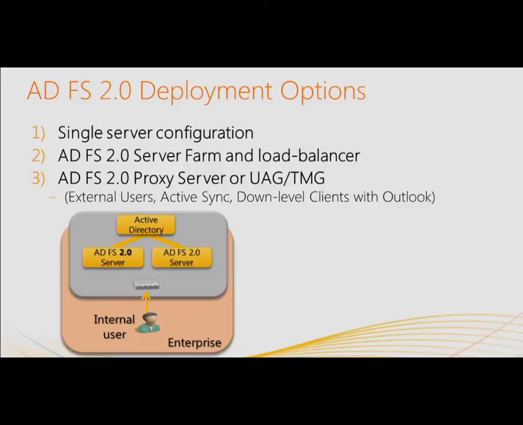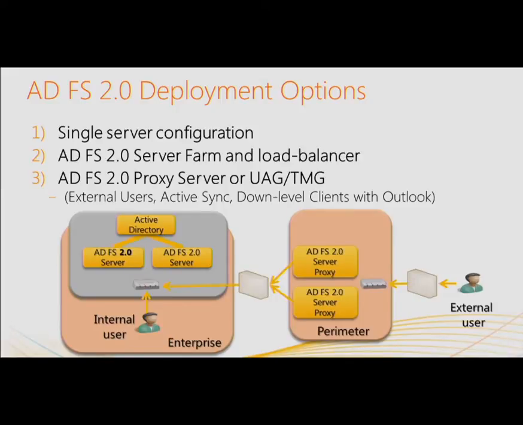But if I'm a user outside the organization, so I'm working at home, for example, using an Outlook client, or I need to connect with a mobile device and so on, so I'm outside the corporate network, I will need to provide secure access to my internal infrastructure using an ADFS 2.0 server proxy.